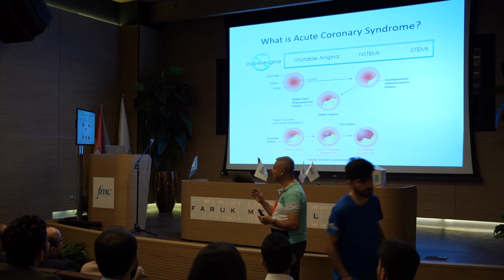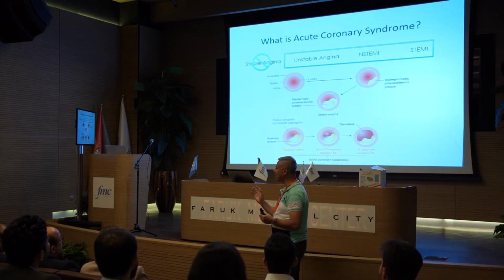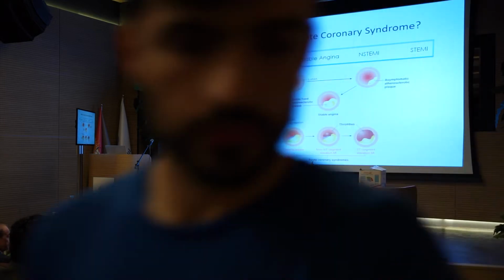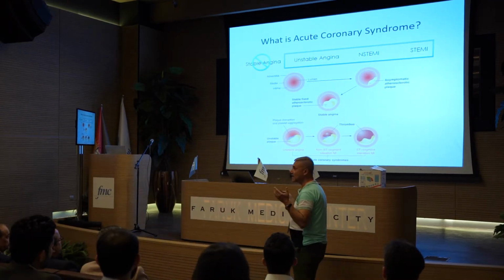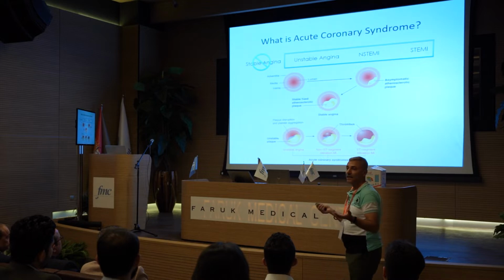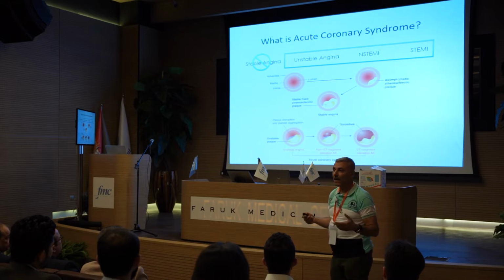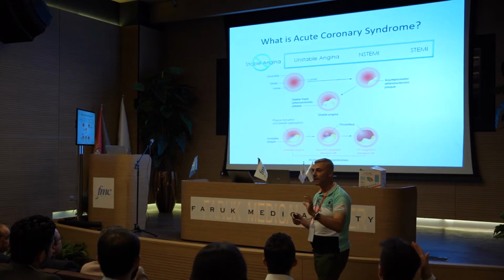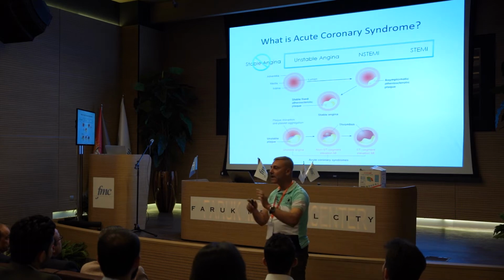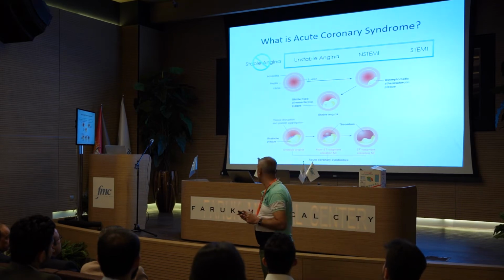And the presentation depends on the flow of blood through the coronary artery. So the presentation is established in unstable angina. But the presentation in stable angina is not like that. Why? Because the caliber of the coronary artery is wider than in unstable angina.